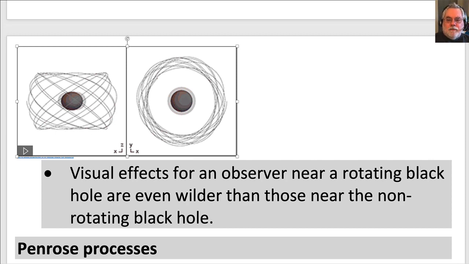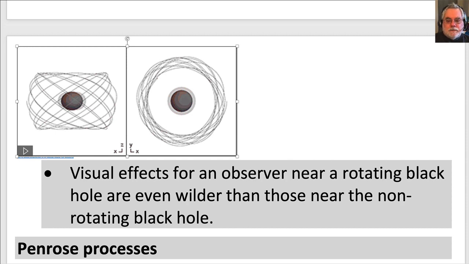In that case, there are theoretical processes called Penrose processes, whereby an advanced civilization could send a probe through the outer ergo surface in a retrograde orbit into the ergo region, not cross the outer event horizon, extract spin angular momentum and energy from the rotating black hole's frame dragging, slightly slowing the black hole rotation, expel some of its mass into the outer event horizon, and exit the outer ergo surface, where the advanced civilization could capture the probe and harvest the energy extracted from the rotating black hole.